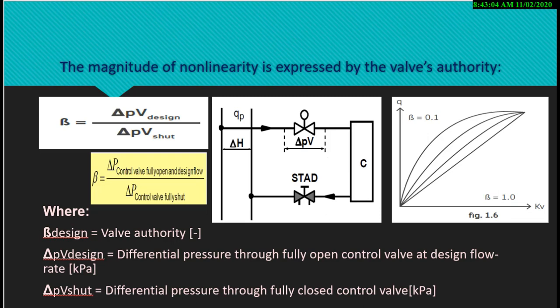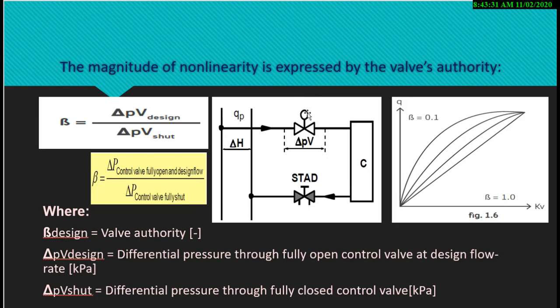Valve authority: the magnitude of nonlinearity is expressed by valve authority. Valve authority is delta PV design divided by delta PV shut. That means when the valve is fully open, design flow, and when the valve is fully shut.